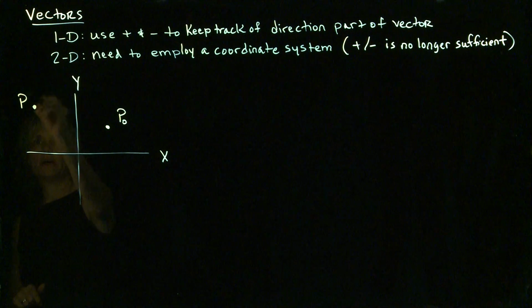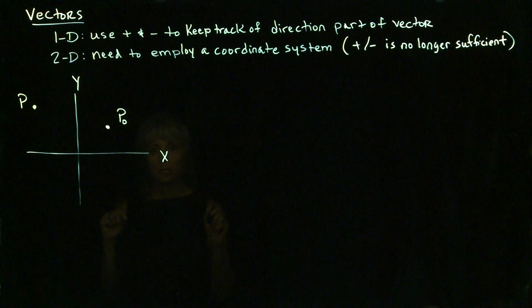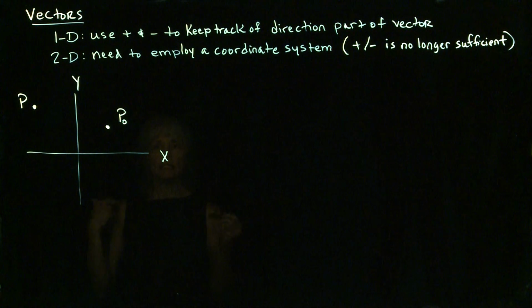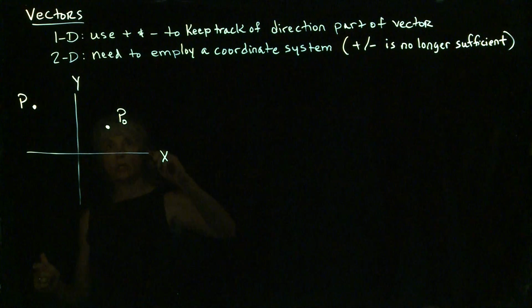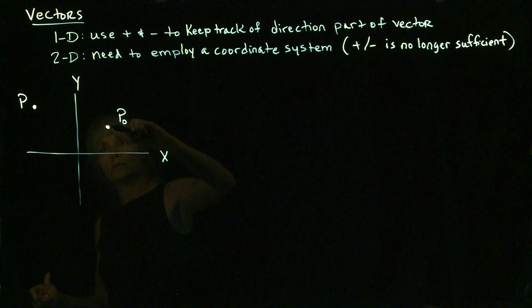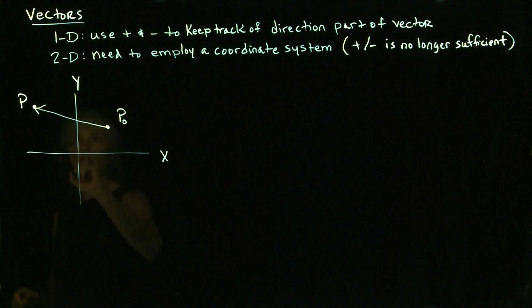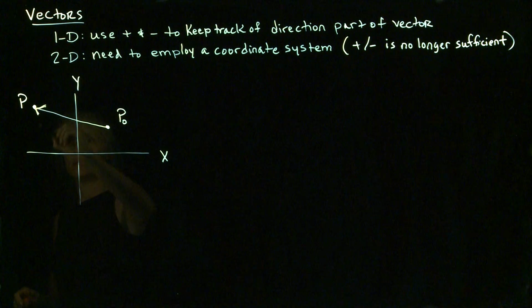So that's going to be the final position, P. So let's see if we can figure out the displacement. We can graphically represent the displacement because remember the tail of the arrow is going to be at the initial, the tip of the arrow will be at the final. So I can draw the displacement graphically as an arrow that points like that. So there is the displacement of the object right here.